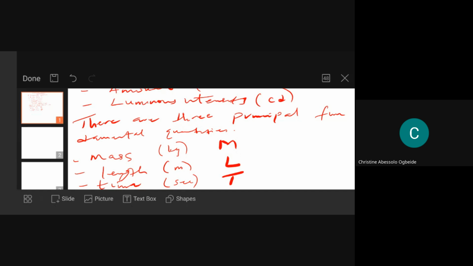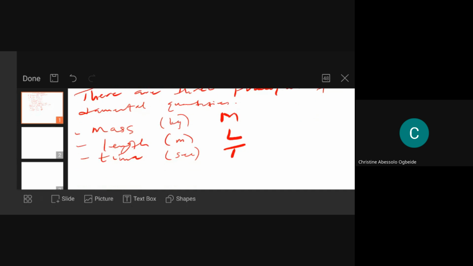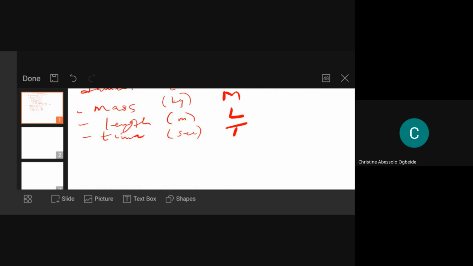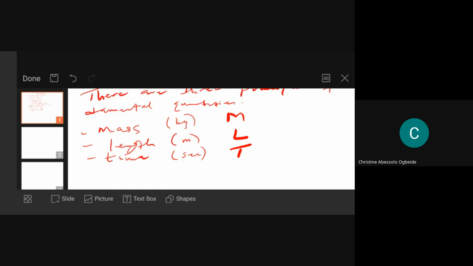Because everything we'll be doing on dimension analysis will depend on these 3, just as you will see even as we proceed with examples. So take note that the dimension for mass is M, for length is L, and for time is T.